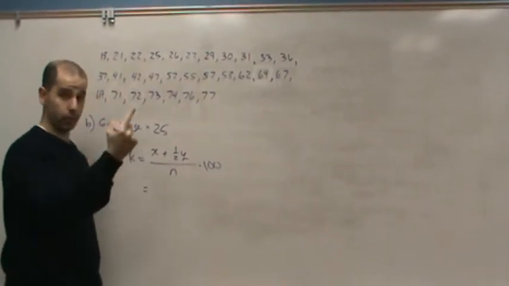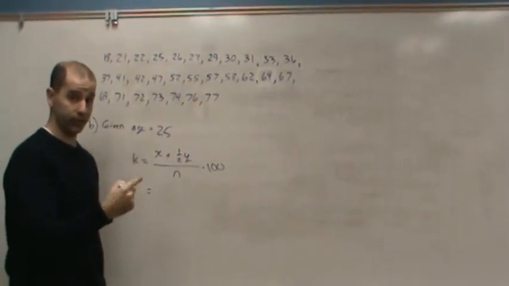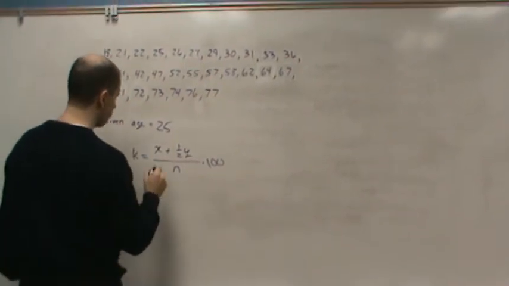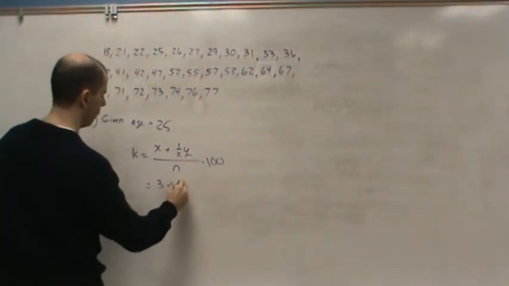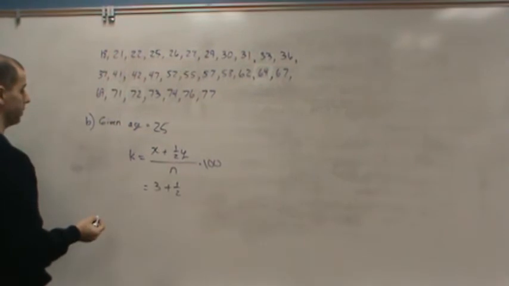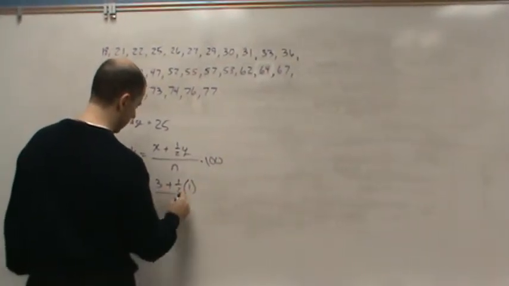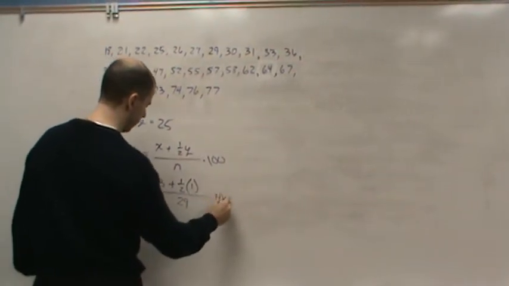By the way, remember, the data is ordered. You can't do this unless you first order the data. Remember that. So we have 3 plus 1/2 of y, and how many 25s are there? 1. So again, it's just half of 1, which is a half, divided by n, which is again 29, times 100.